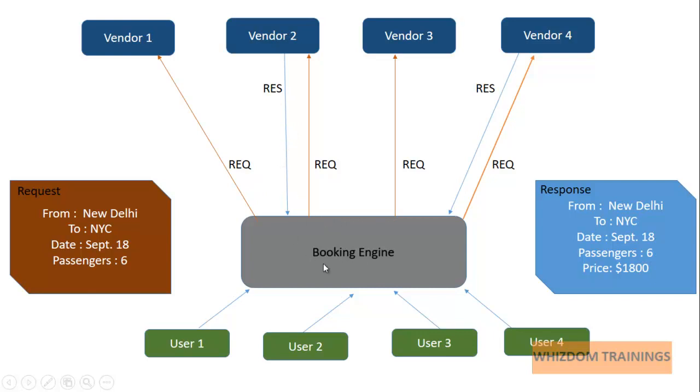There is an underlying API behind this booking engine and an underlying API behind these vendors. They are able to communicate irrespective of whatever language these websites are in. A request is generated, and a response is formed against that request. This is how this scenario is possible using web services.